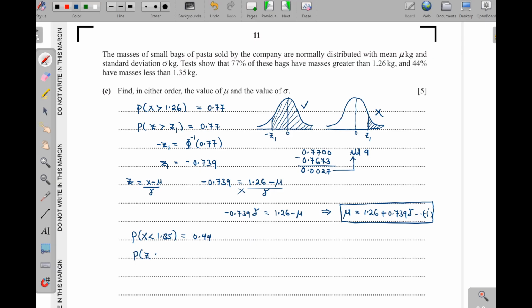Standardizing this will be z less than, let's say z2, since I used z1 here. This one will be equal to 0.44. Even here, I will sketch these two normal distribution curves to judge whether z is positive or negative. So I can put it here. I can put it on the right here.